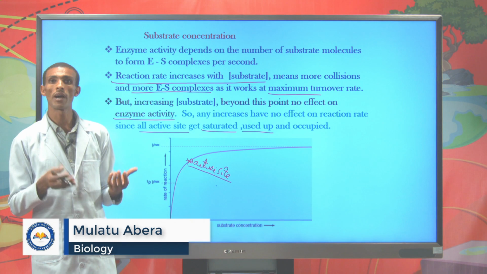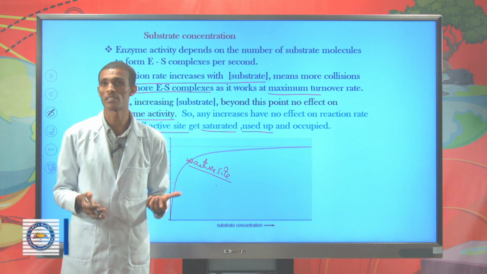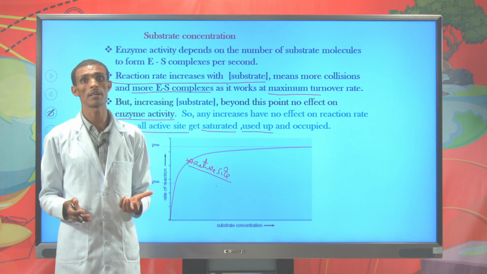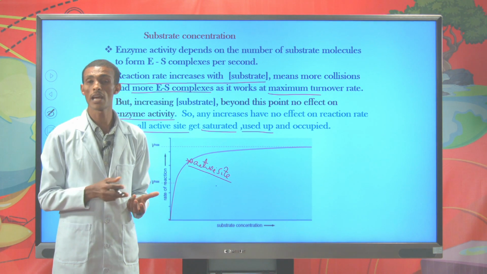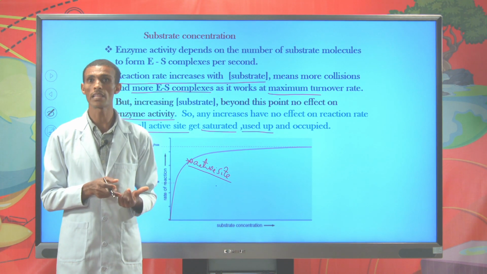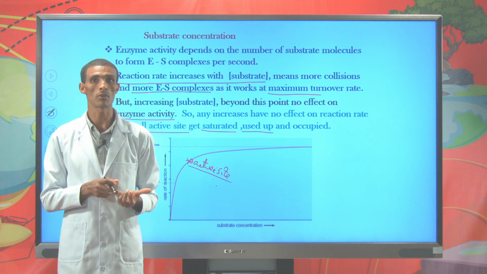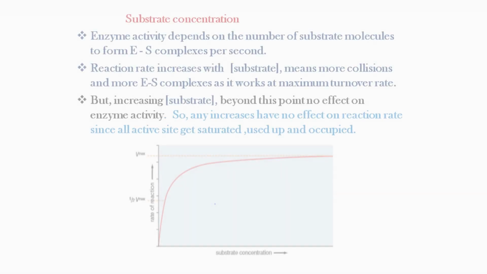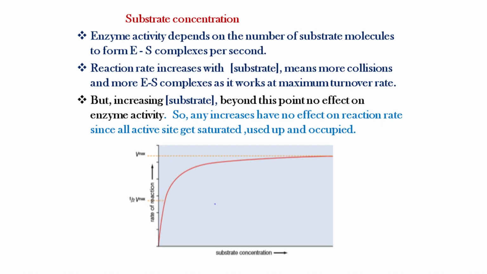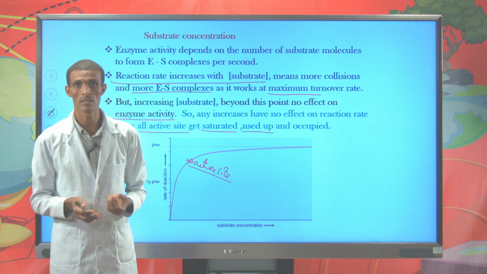Additionally, we have seen factors that can affect the rate of chemical reactions, such as temperature, pH, and substrate concentration. In our coming lesson, we will see other substances that affect the rate of chemical reactions. Until then, bye.